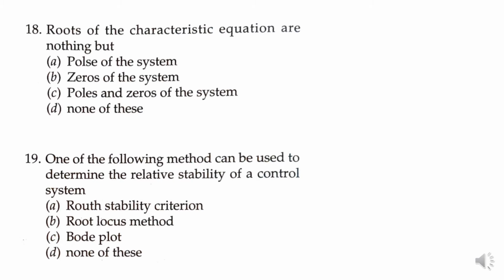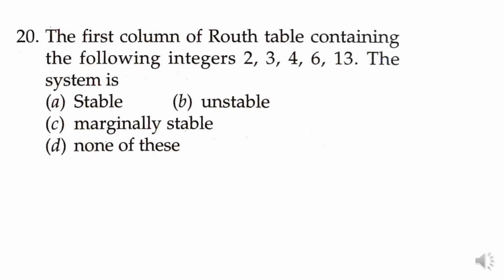18. Roots of the characteristic equation are nothing but poles of the system. A is the correct answer, poles of the system. One of the following methods can be used to determine the relative stability of the control system: that is root locus method. 20th problem.